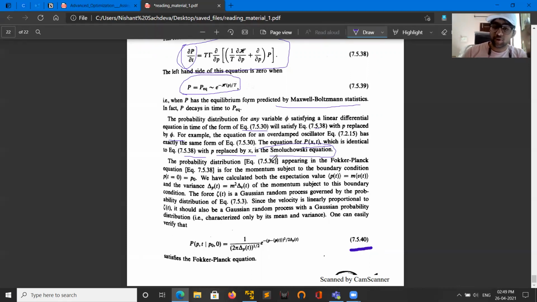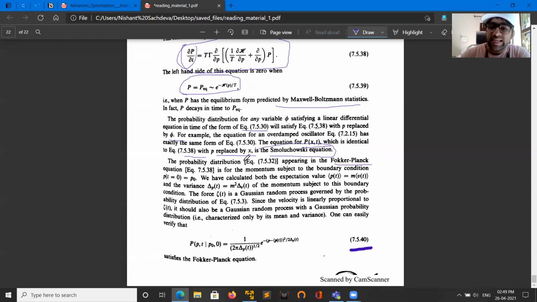The probability distribution appearing in the Fokker-Planck equation is for the momentum subject to the boundary condition p of t equals 0 is p naught. They are given the starting momentum as fixed. We have calculated both the expectation value of p of t, given as m times v of t, and the variance delta p of t as m squared times delta v of t, of the momentum subject to this boundary condition.